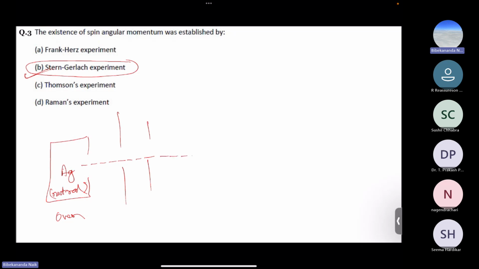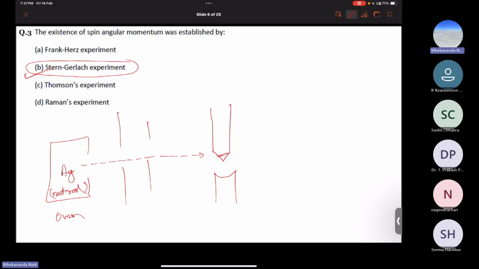Then they were passed through a magnetic field, a particular type of magnetic field which was non-uniform in nature.